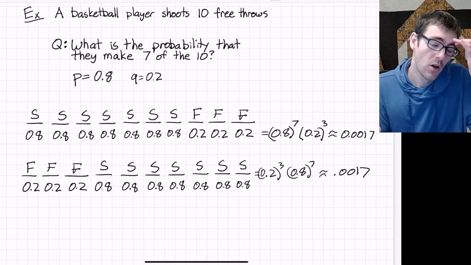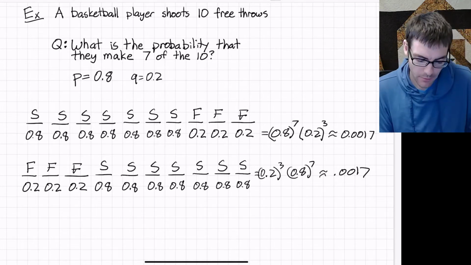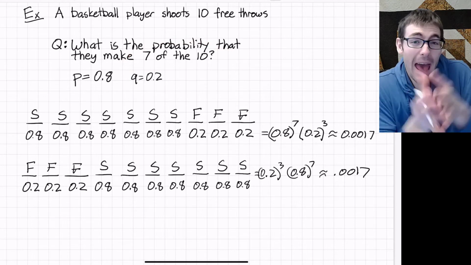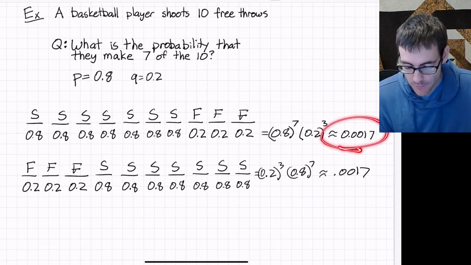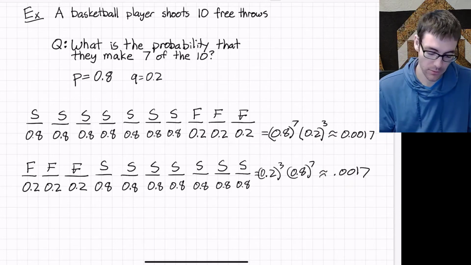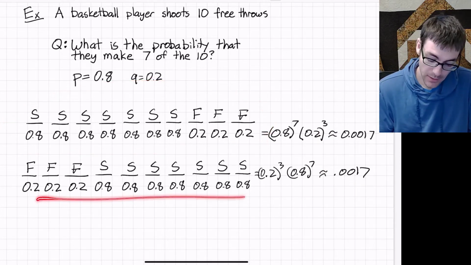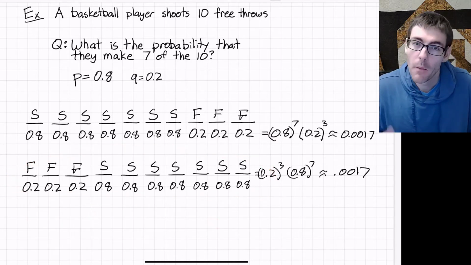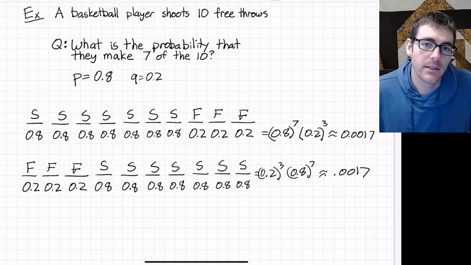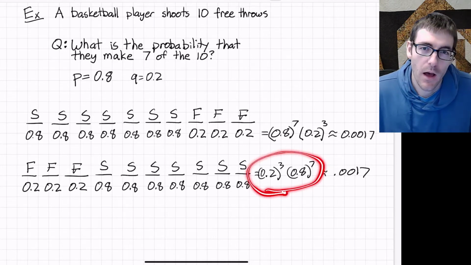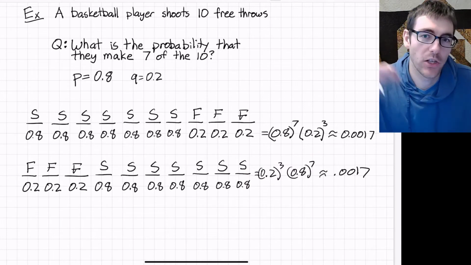So, if we want to know the probability of making 7 of 10, we need to add up the probabilities of doing this in all of the different ways that we can think of. So there's this one, there's this one, we can add in one more with another version of this, but for each of these instances, we're going to get out the same probability of that particular situation happening.